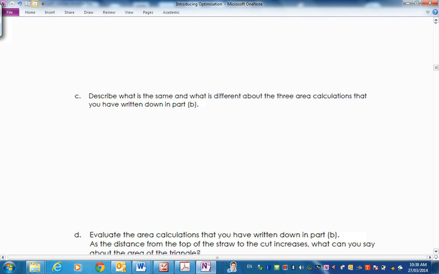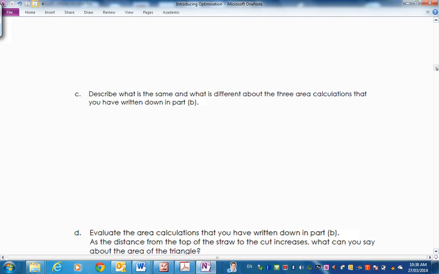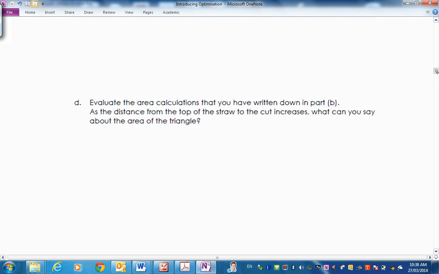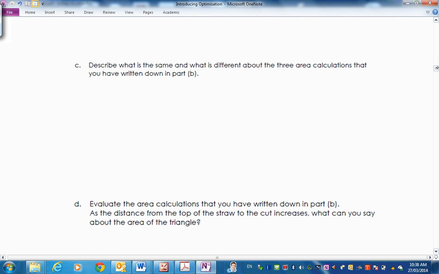Describe what is the same. Yep, here we are. Describe what is the same, what is different about the three area calculations. Okay, what's the same? A half out the front, then some number, and then 21 minus that number.